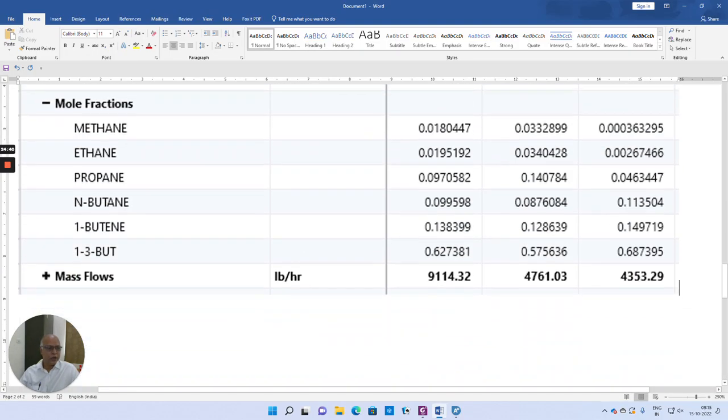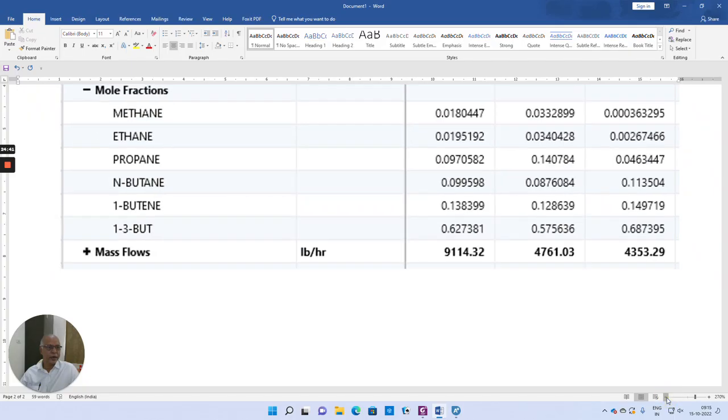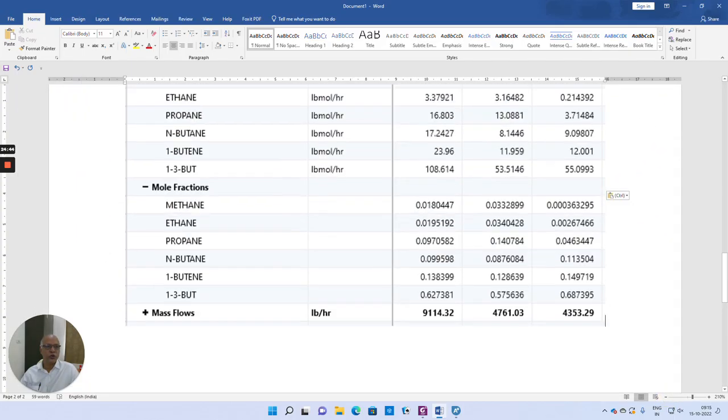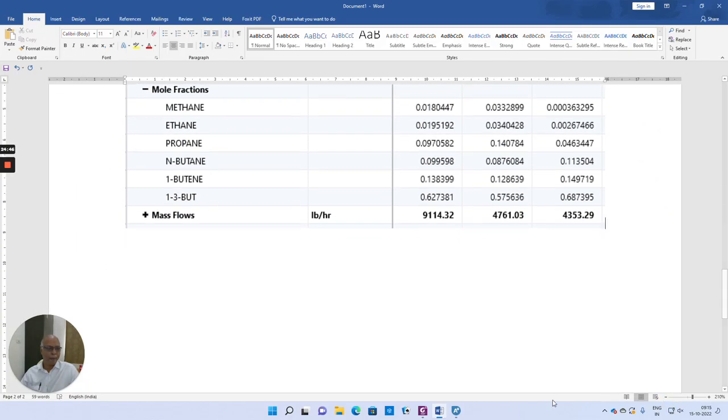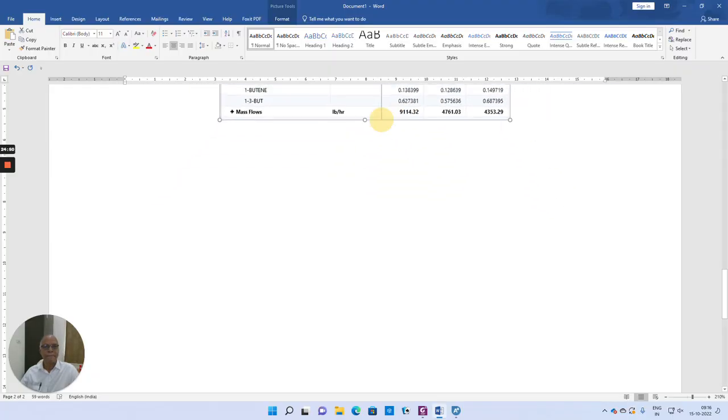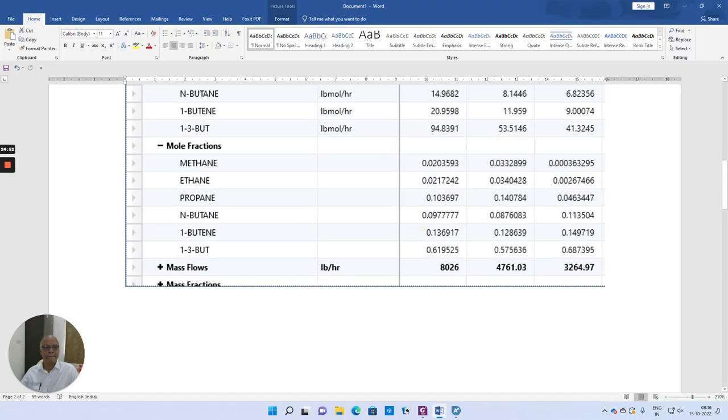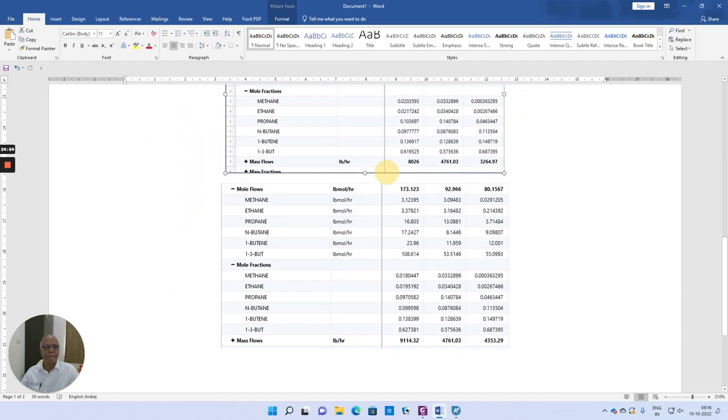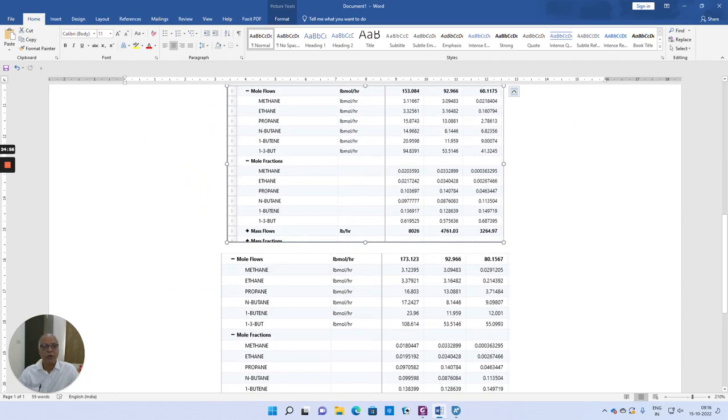I will slightly reduce the content size so that you will be able to see both the tables. The first table corresponds to when there is no recycle, and the second table corresponds to the results when 25% of the bottom product is recycled back.